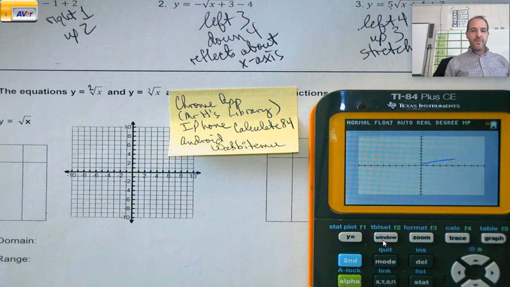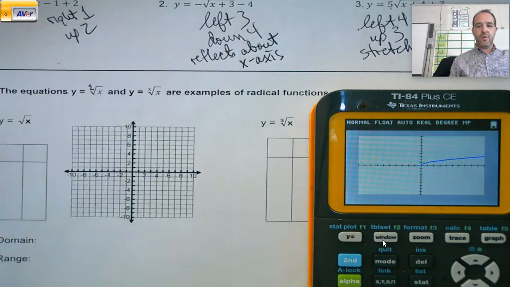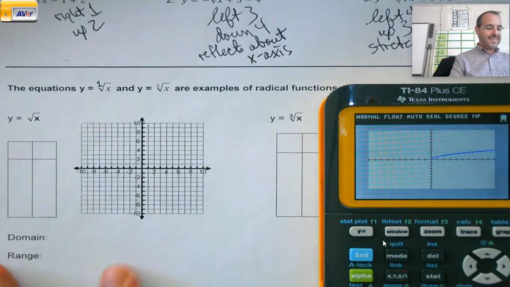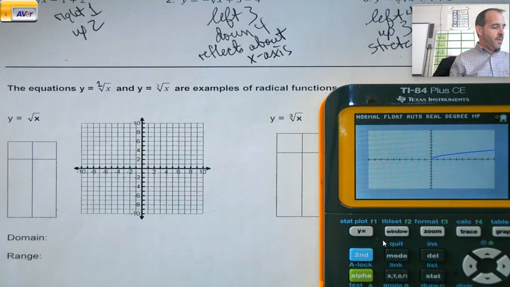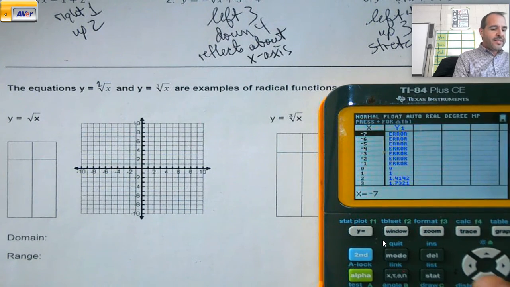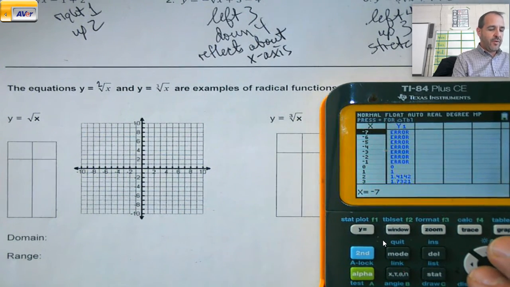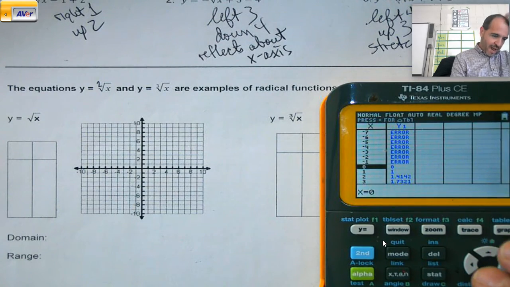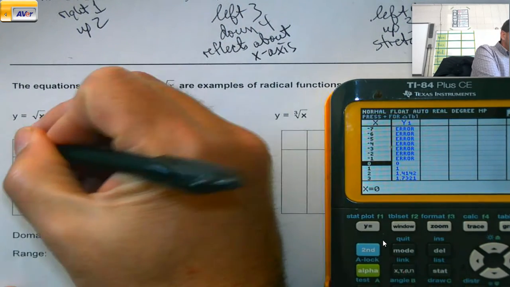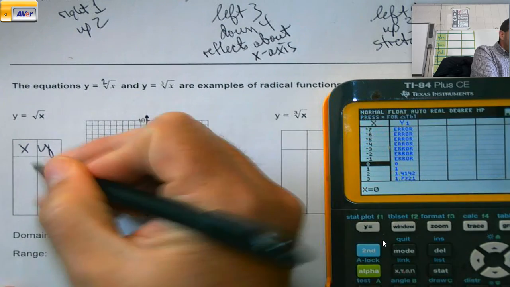Now we want to see what it looks like. I'll move this out of the way at this point. Okay, got this curve here. Now let's go to the chart, which again is second and graph. And you're going to see all these error messages. I'm going to talk about those in a second. What I'm interested in right now is jotting down all of the whole number pairs I can see.